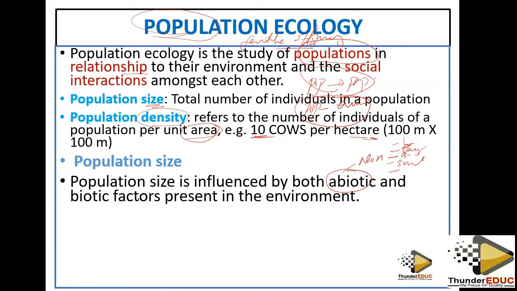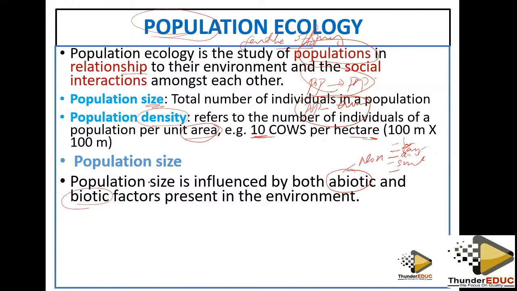And then biotic factors, these are factors which are connected to life. So when you talk about maybe predation, maybe competition, basically factors which are involved with the organisms which have life. So we call them biotic factors.